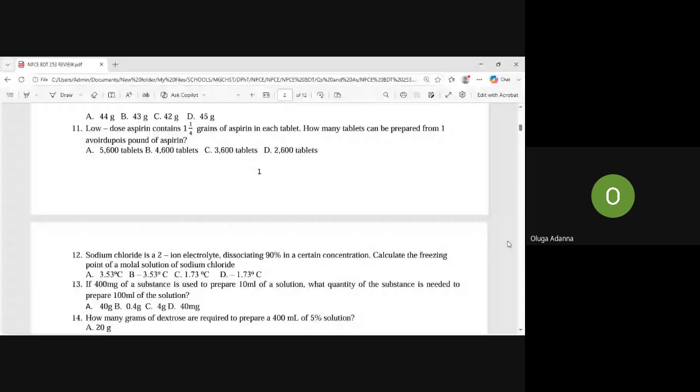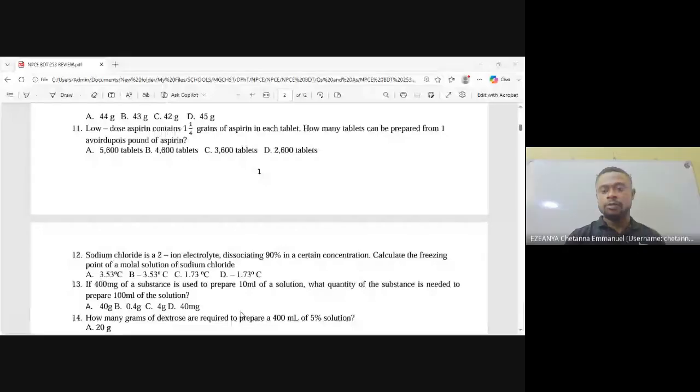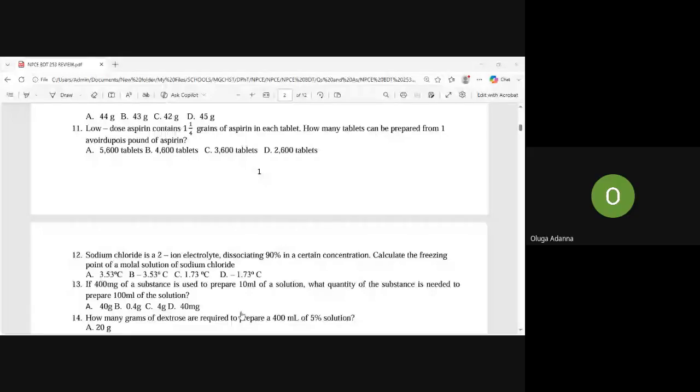How many tablets can be prepared from one avoirdupois pound of aspirin? A, 5,600 tablets. B, 4,600 tablets. C, 3,600 tablets. And D, 2,600 tablets. What's the answer? I have not solved it. I want to solve it.